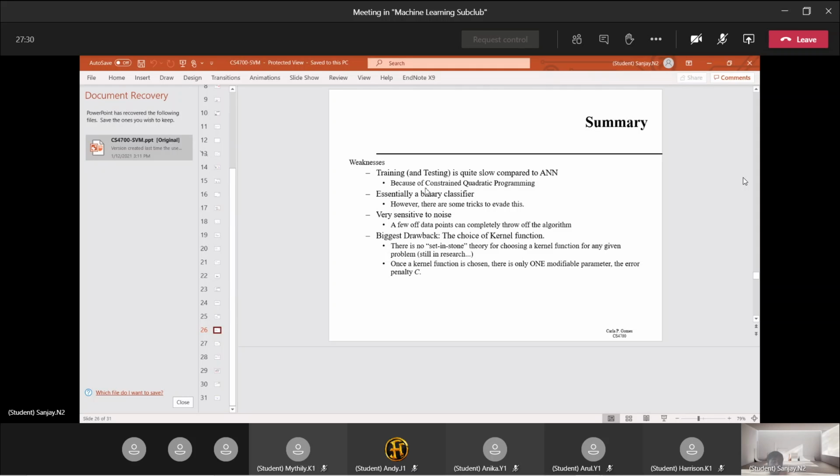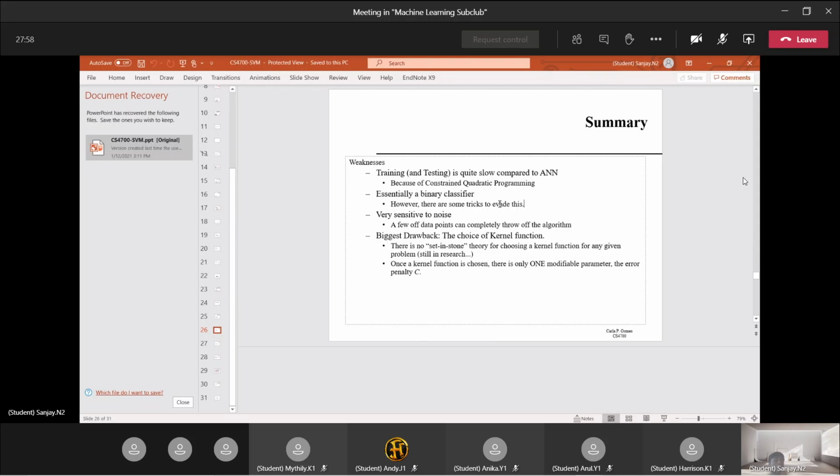SVMs function best as a binary classifier, but there are new tricks to extend it past a single binary classifier to a multi-class classifier. Like I said, it's very sensitive to noise or bias. So if the training set has a lot of outliers, or even a few outliers, it might throw off the entire algorithm, and you might have poor performance in the testing set.